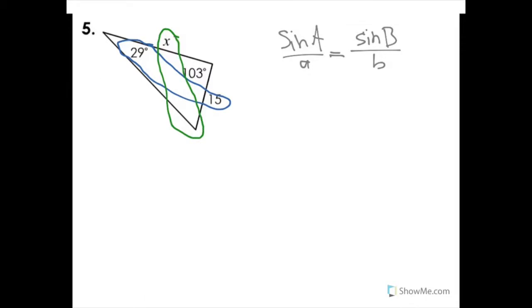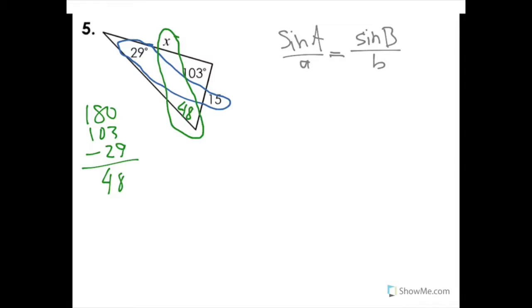So we're actually going to use the 103 and the 29. Remember, our triangle sum is 180 degrees. So take 103 and 29 away from 180 to get that missing angle that's across from x, which is 48. So this angle is 48 degrees.